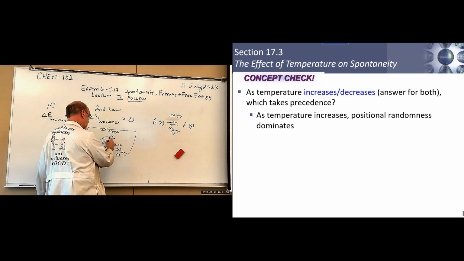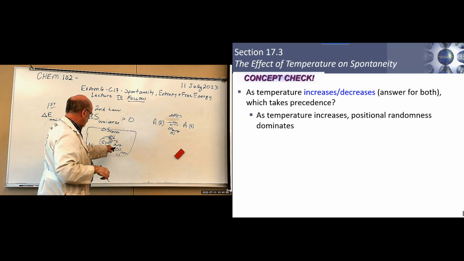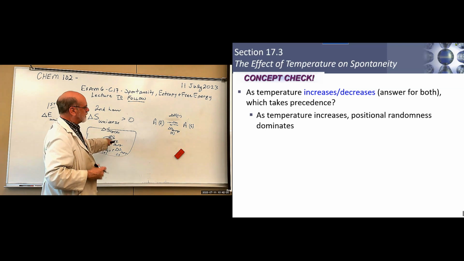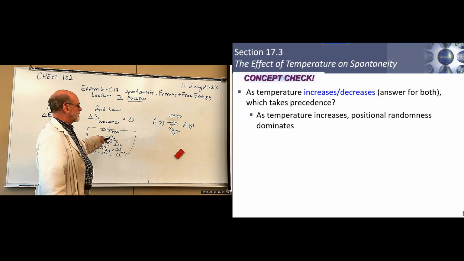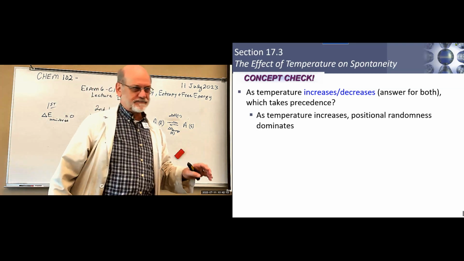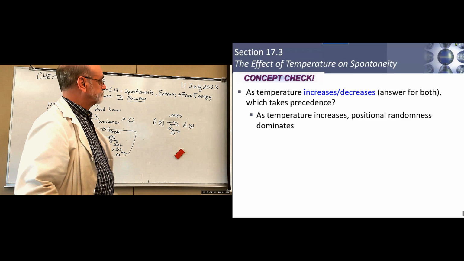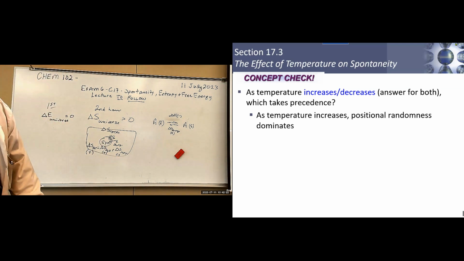So if we have heat going the other direction, so that we get an influx of energy and increased energy entropy, the positional randomness... Would that be similar to heating an ideal gas at constant pressure?